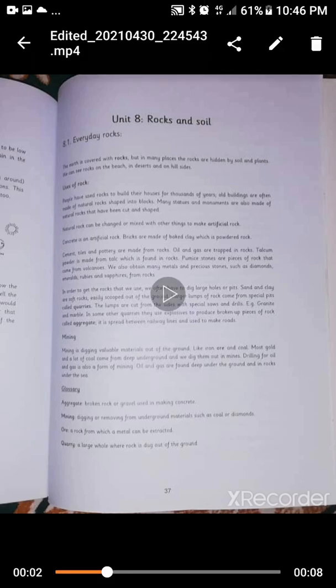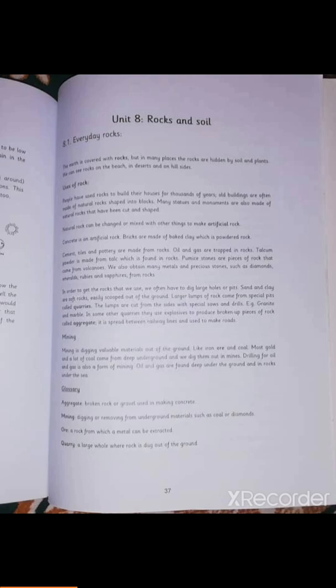Uses of rocks. People have used rocks to build their houses for thousands of years. Old buildings are often made of natural rocks shaped into blocks. Many statues and monuments are also made of natural rocks that have been cut and shaped.